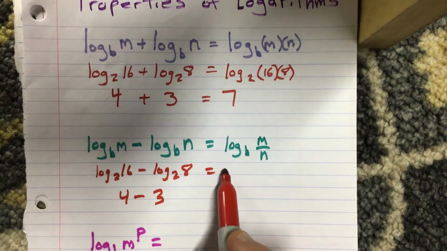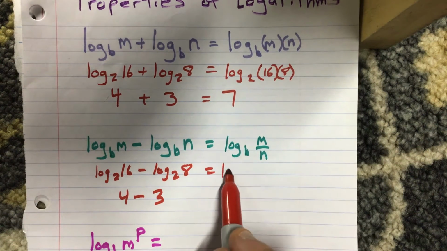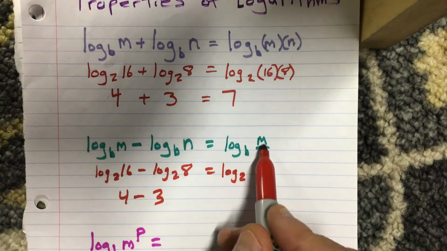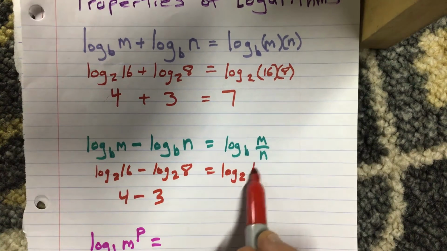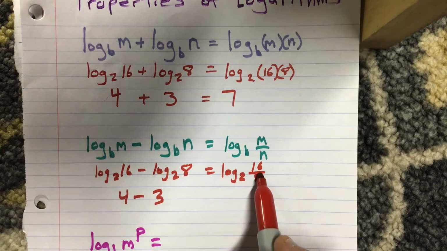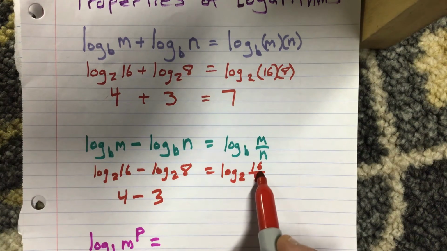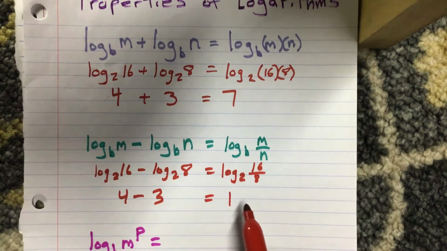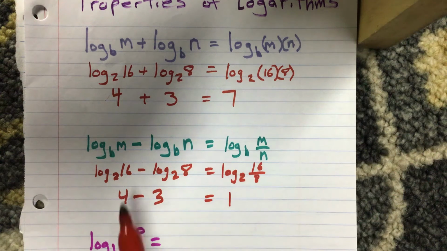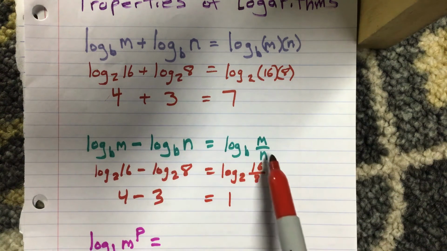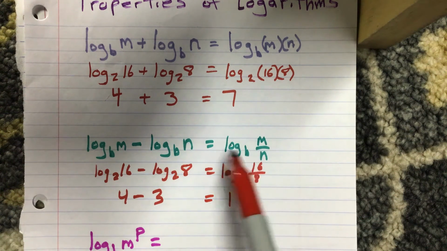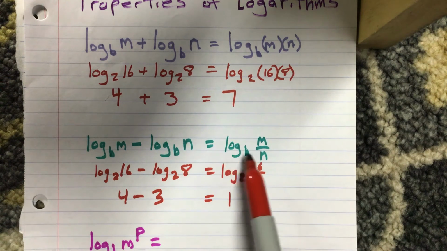And that should be equal to the log base 2 of the quotient, 16 divided by 8, which is 2. So 2 to some power equals 2. We know that that power is 1. So 4 minus 3 is 1. So the difference of these two logs is the same thing as the log of the quotient. Okay, so it's sort of like a shorter way of doing logs.